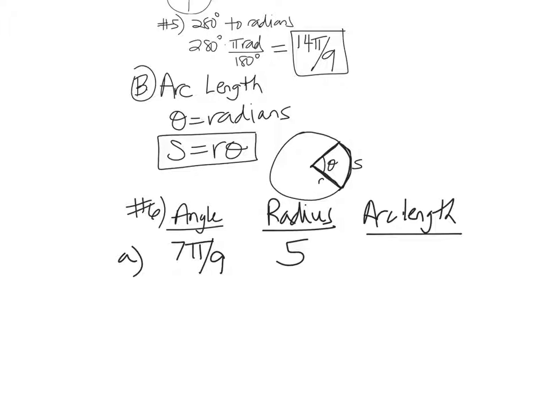And so S would equal 7 pi over 9 times 5. You can go ahead and give that to me as a decimal. It's 12.2. Okay, you just plug it in.